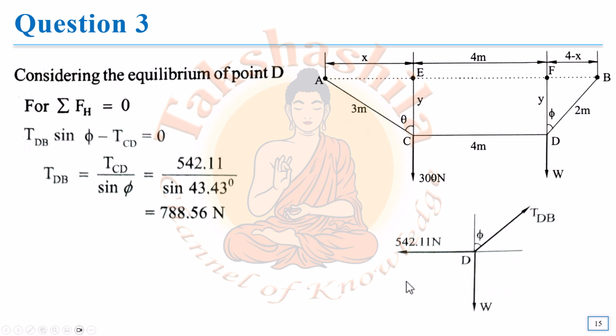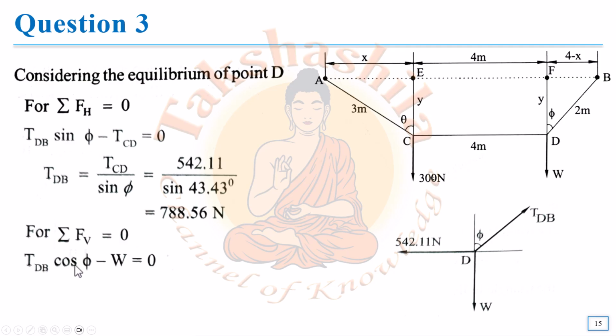So let us resolve the forces in the vertical direction also. In other words, let us take the second condition of equilibrium, that is sigma Fv is equal to 0, or Fy is equal to 0. We have TDB cos phi acting in the upward direction and W acting in the downward direction. These two are the only forces acting in the vertical direction, so the summation should be equal to 0.